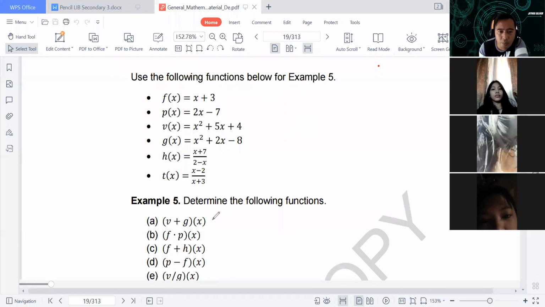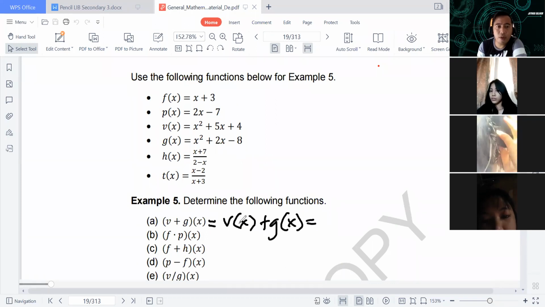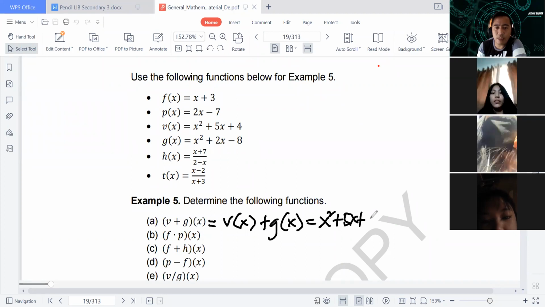And if you are asked to perform the following, the first one, v plus g of x. And we all know, as defined a while ago, this is just v of x plus g of x. And the v of x is defined by this, right? So you will just replace it by x squared plus 5x plus 4.